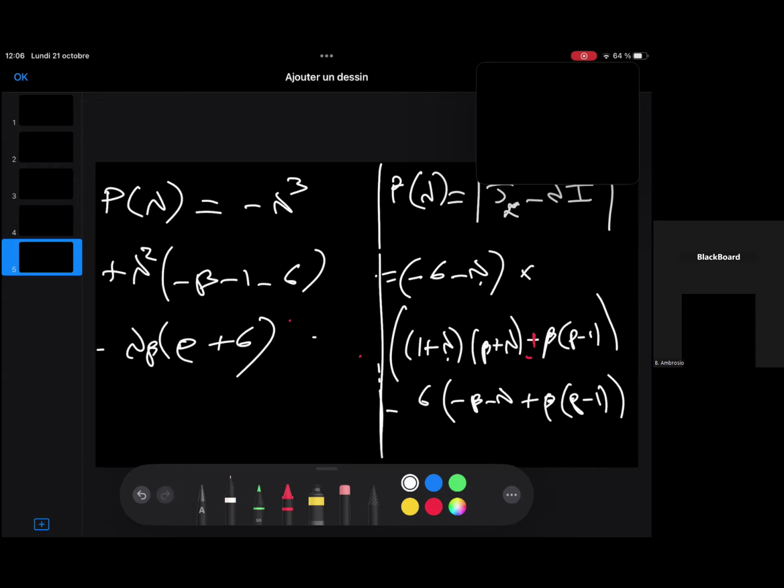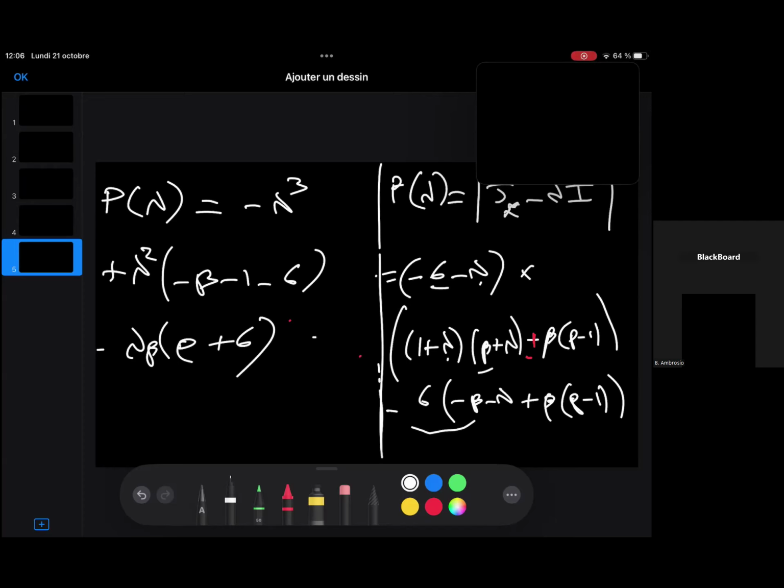All right, and then the last term will get minus sigma beta, minus sigma beta, plus sigma beta, minus sigma beta here, plus sigma beta here.